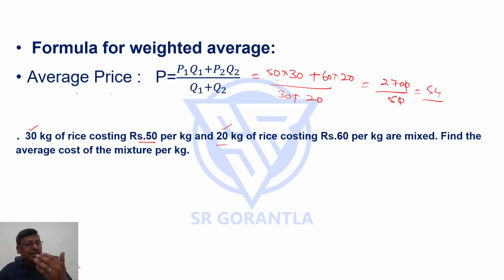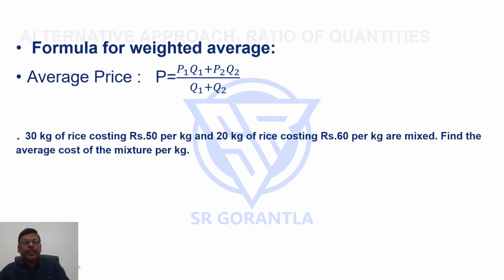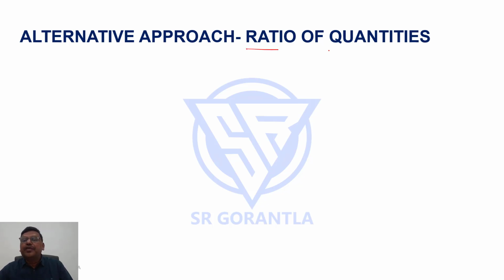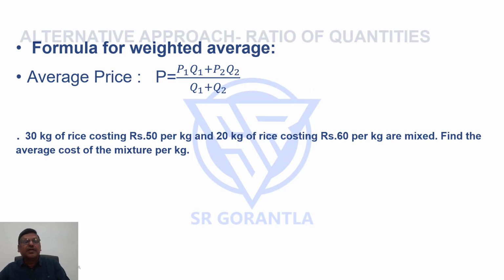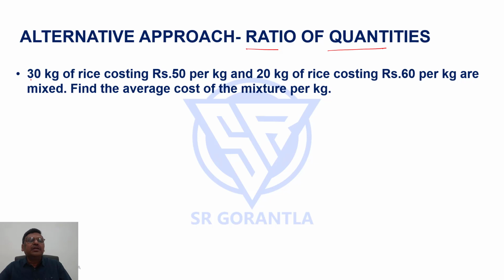Okay. Now, are there any other alternate approaches? Let's see. We can consider the ratio of the quantities. Whenever you are mixing two different varieties of anything, whether it is rice or two groups, we need not know exact quantities. If we know the ratios, that is enough. So here, the ratio of the quantities equals 30 is to 20, which is 3 is to 2.